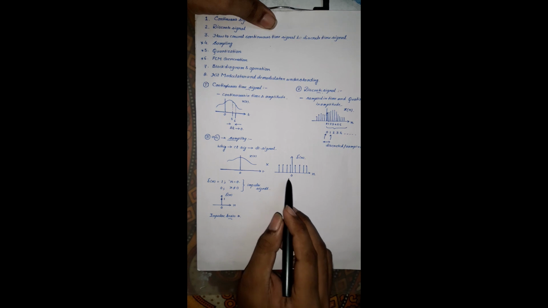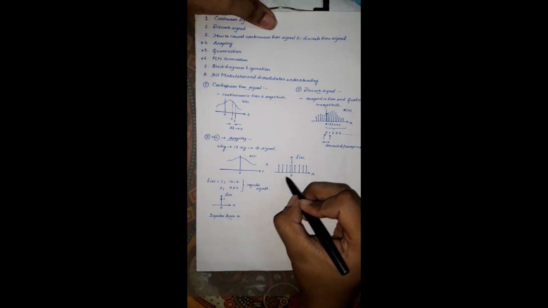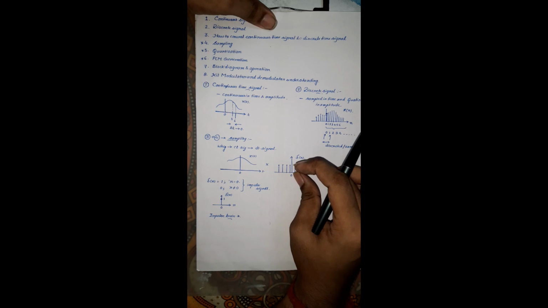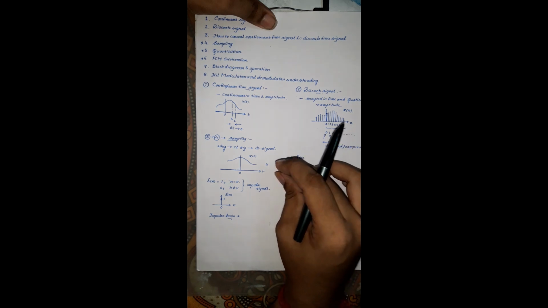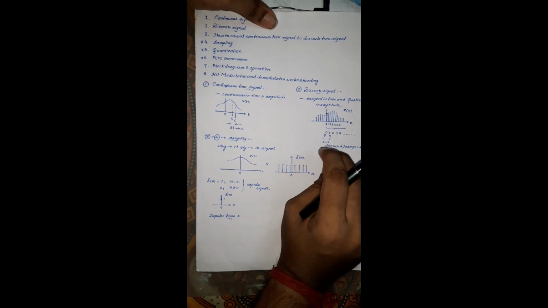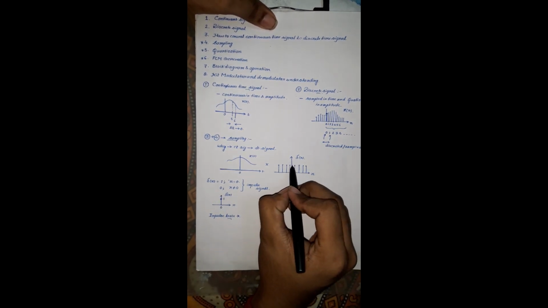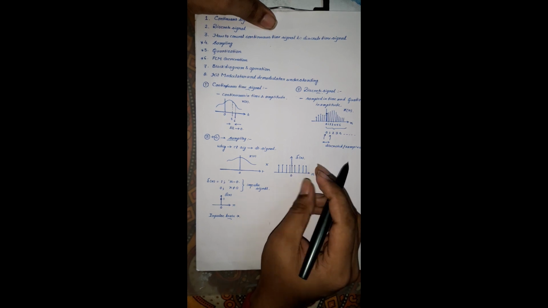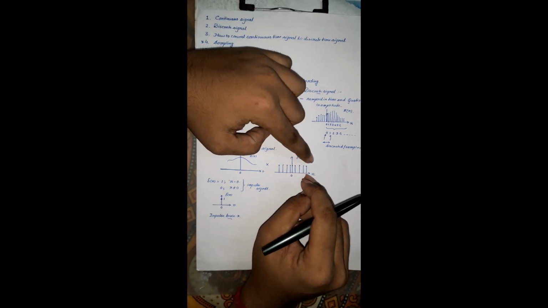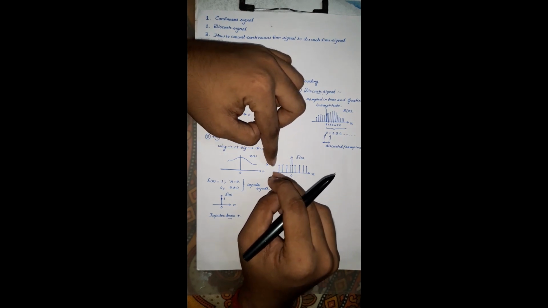For a single impulse, we said del n, and at n equal to 0 the value of del n is 1, right? For the impulse train, the same impulse is present at 0, and it has been shifted to the right as well as to the left.